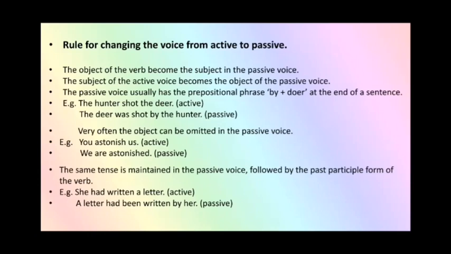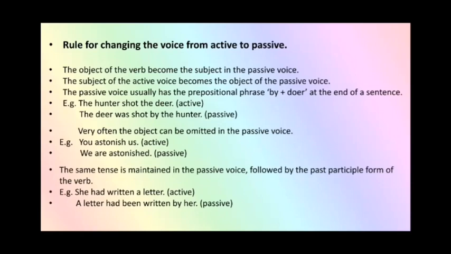Very often, the object can be omitted in the passive voice. For example, you astonish us. Active voice. Passive voice, we are astonished. Now just see the sentence. You astonish us. Here in the active voice, we have "you" as the subject and "us" as the object.